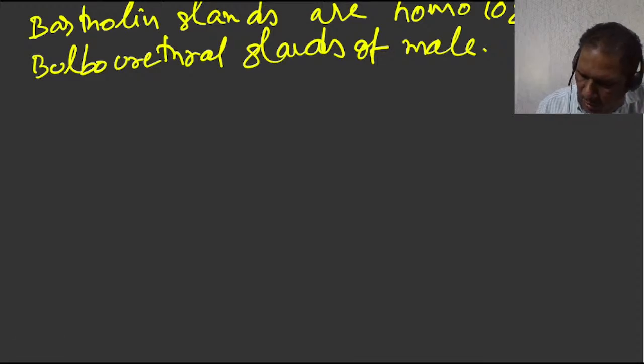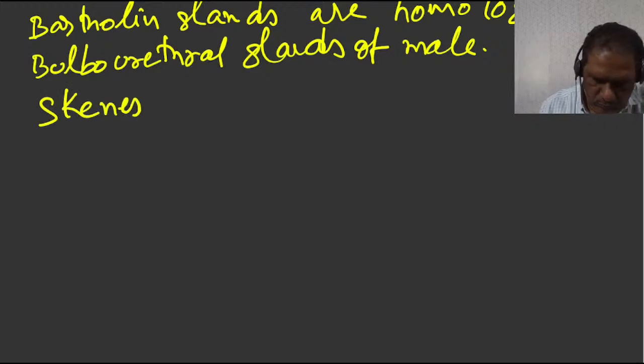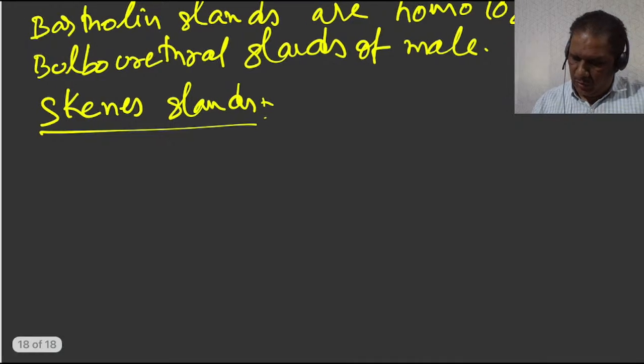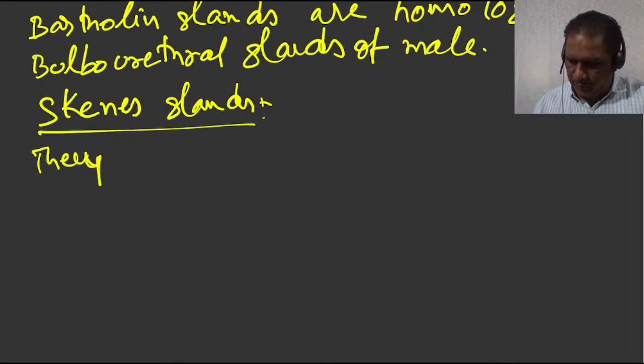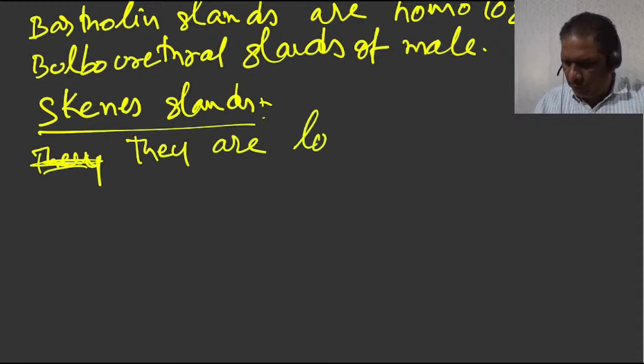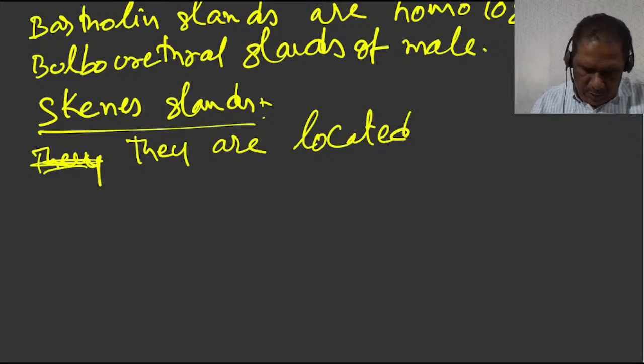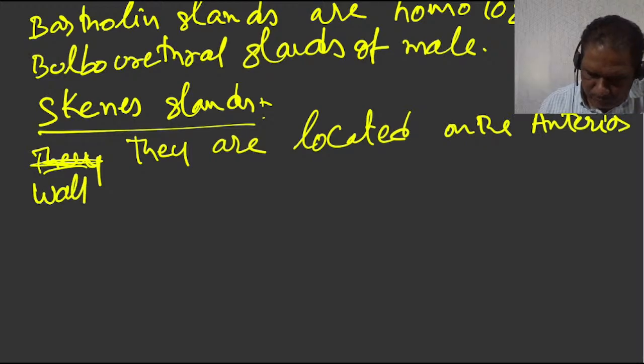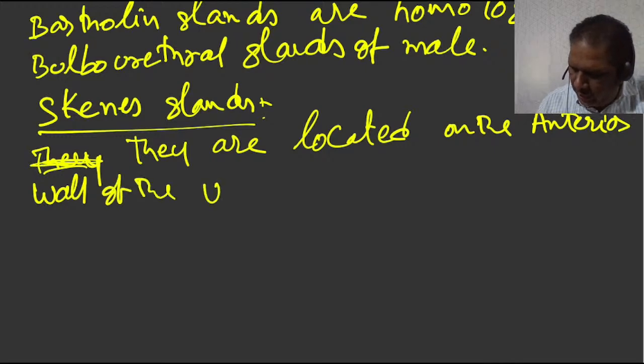Skene's glands are located on the anterior wall of the vagina.